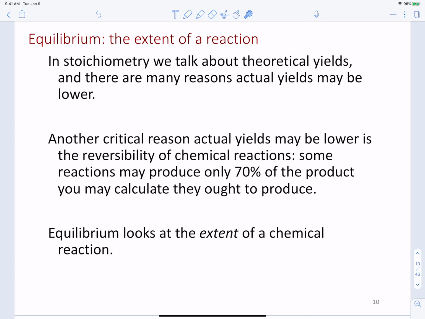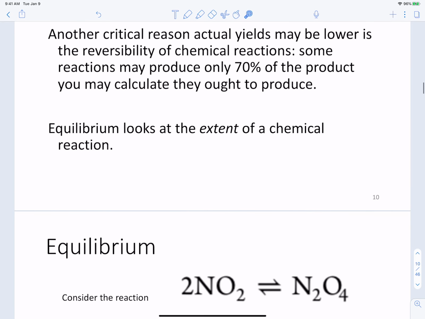You might get 70% or 50% of the product being formed. And the reason for this is that many of these reactions have a reversible component to them. So the reaction won't go completely to the right, to the products, and so some of it is related to the reversibility of these chemical reactions. And so the whole field of equilibrium looks at the extent of a chemical reaction.